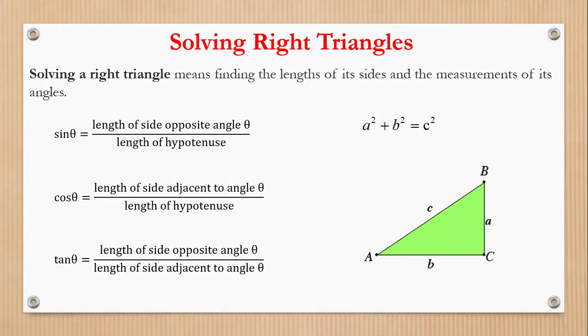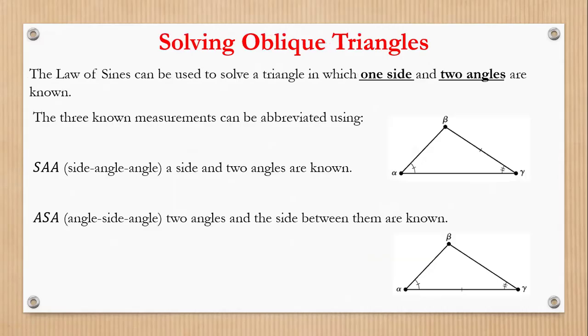If we have an oblique triangle, which doesn't have any right angle, we need to define some other properties. And usually when they ask us to solve an oblique triangle, it means one side and two angles, or two sides and one angle, or three sides are given to us and they're asking us to find the other angles or sides.